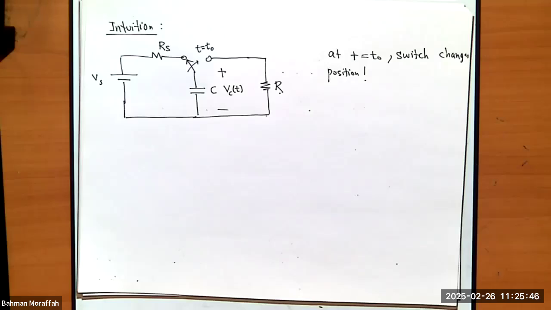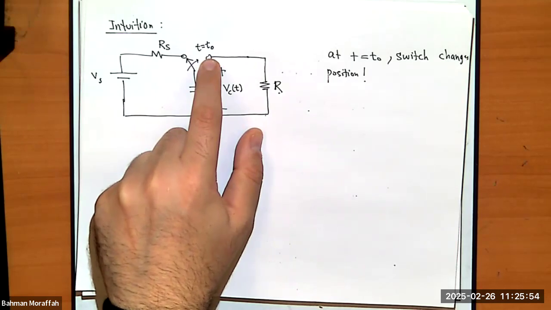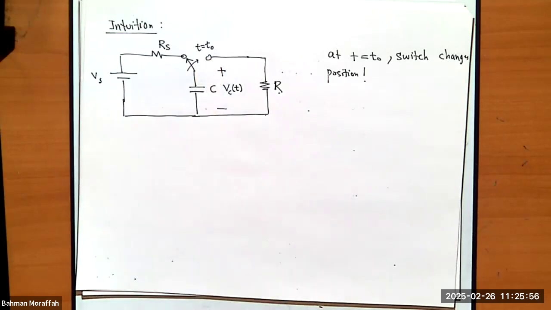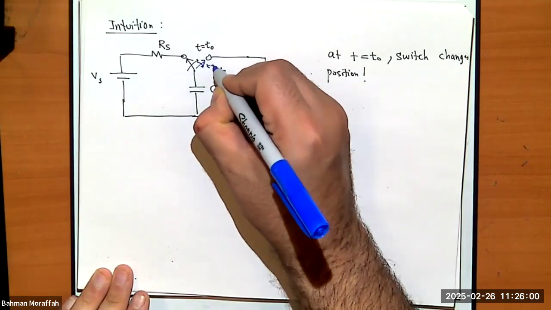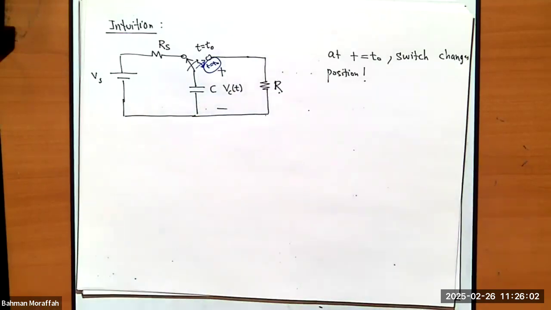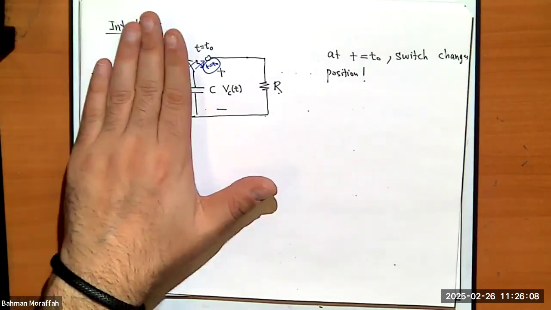And this keeps happening till time t equals t naught, when I immediately change position and go to this side. So at t equals t naught, this is the position that I have. What it means is that I disconnect the capacitor from this side of the circuit.